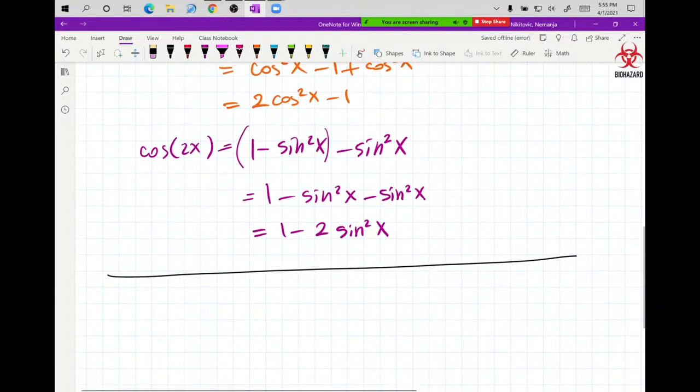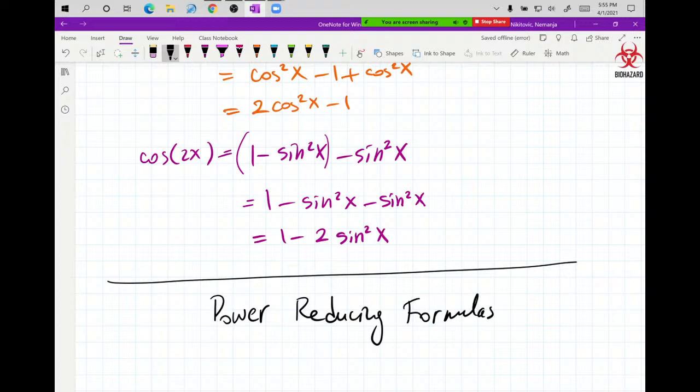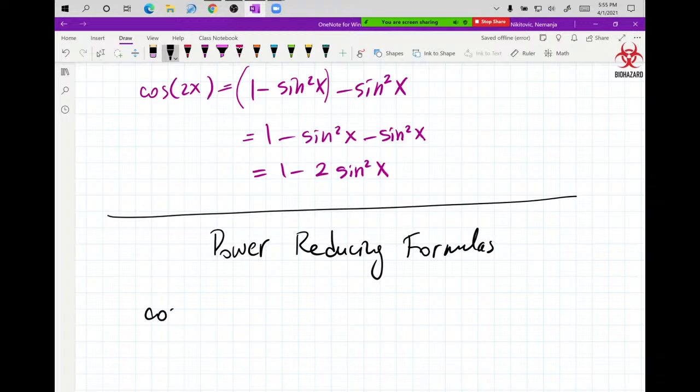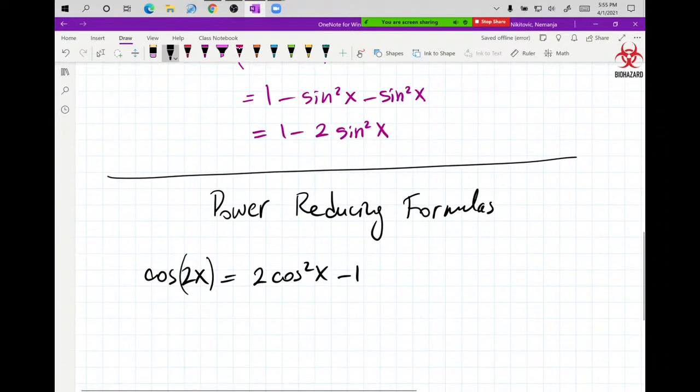So now, when we move to power reducing formulas, we take cosine 2x equals 2 cosine squared x minus 1, and using algebra, rearrange this to solve for cosine squared x.